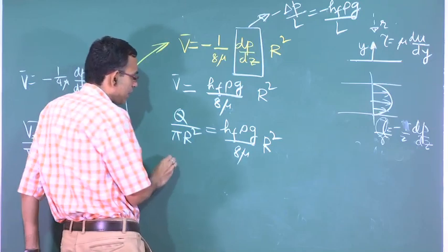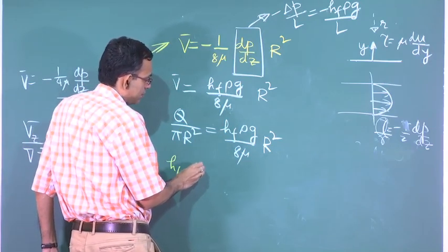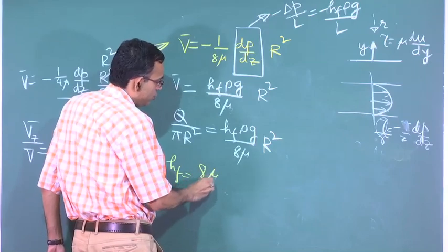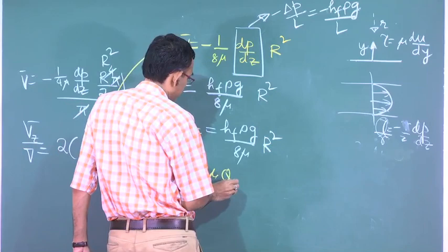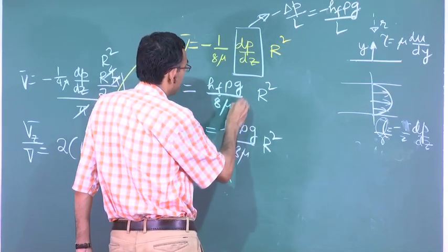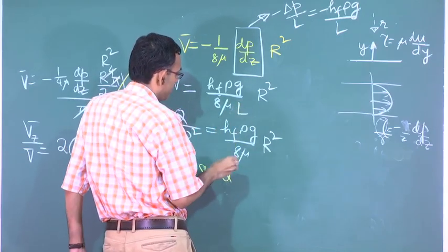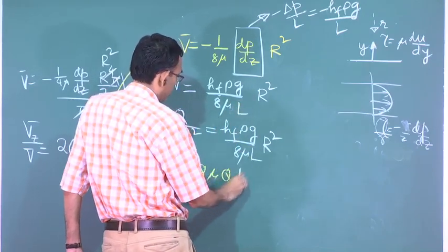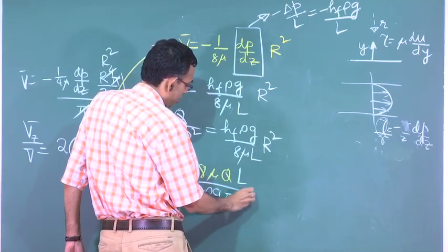So, HF is 8 mu q, there was a L, right, there was a L, 8 mu q L by rho g pi r to the power 4.